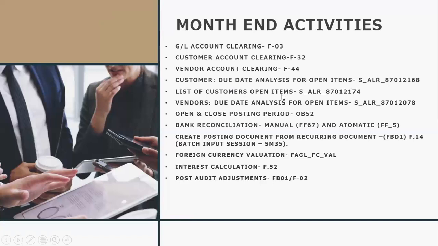We're going to look at some reports: due date report analysis, list of customer open items, due date for vendors, open and close posting periods, bank reconciliation, create posting document for recurring documents, foreign currency valuation, interest calculation, and post audit adjustments.